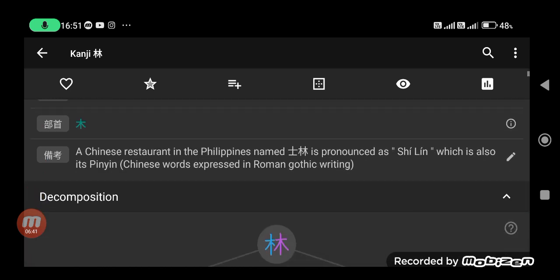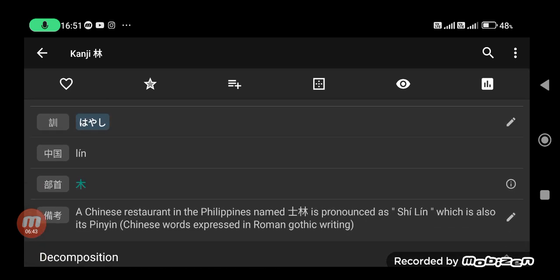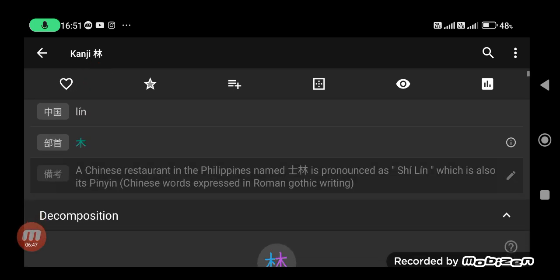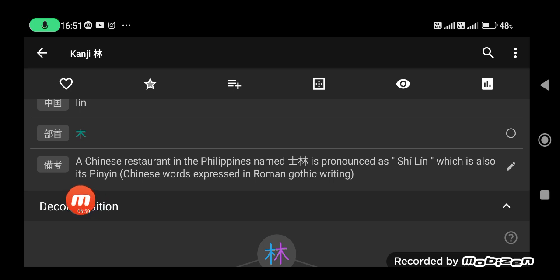Okay, so this is our topic here, this kanji, and I have a side note that there's a Chinese restaurant in the Philippines named Shilin, and this is just for greater appreciation and to further show that kanji are just adapted or borrowed from their Chinese origin.